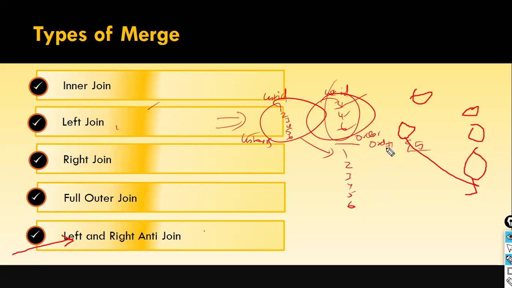Your report is something like customer ID, customer name, for example Y, Z, A, B, C. These are the customer names. But only 3, 4, 6 ordered. Order number is 101, quantity is 2.